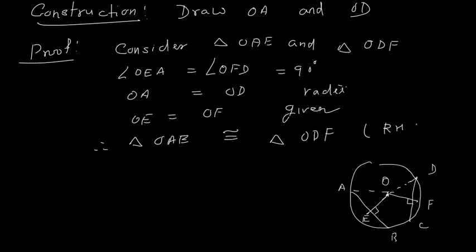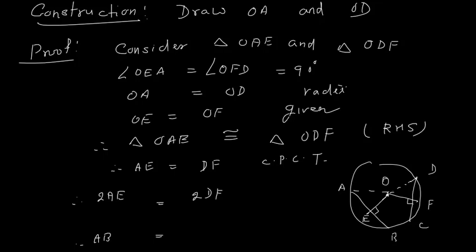Again here we have used RHS, therefore AE will be equal to DF. This is corresponding parts of congruent triangles. So 2 times AE will be equal to 2 times DF. Now if I draw a perpendicular from the center to the chord, then it bisects the chord. That means twice of this AE will be equal to AB. So therefore I will say that AB is equal to CD.